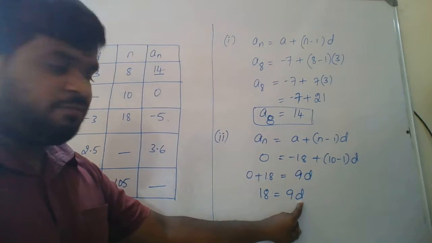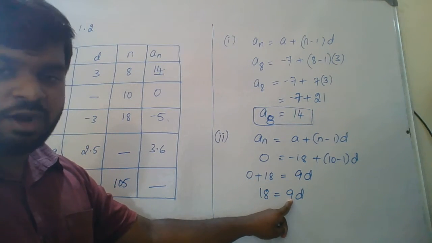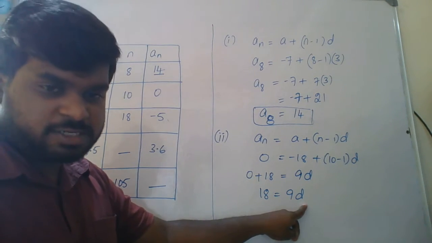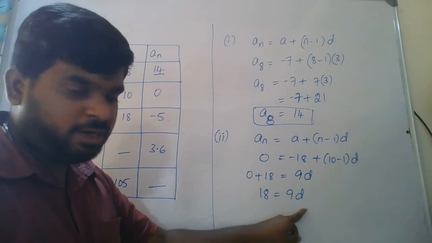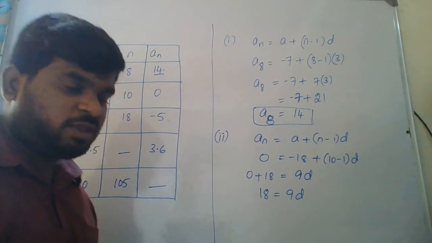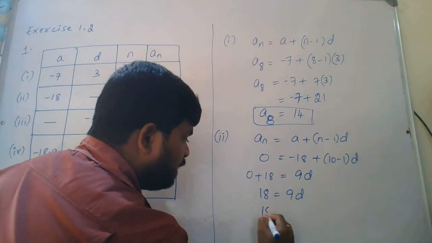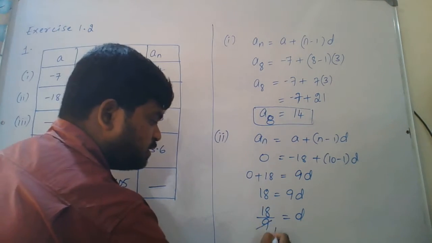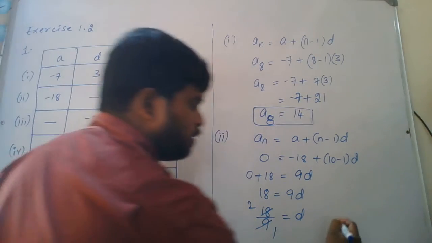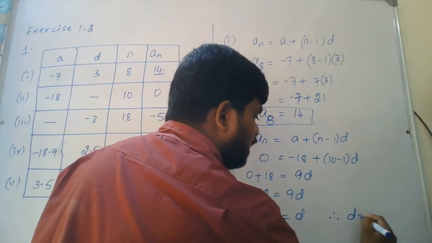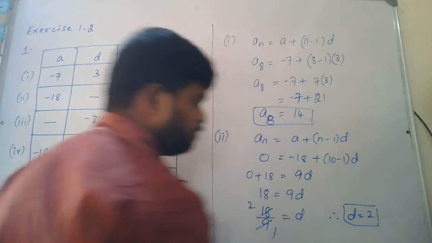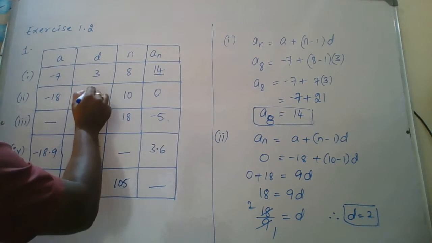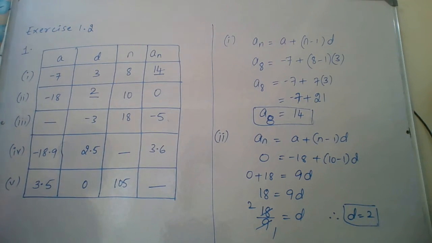So we just need the value of D. I'm going to transpose this 9. 9 and D are multiplied. So if I transpose this 9 to the other side, it becomes 18 by 9 equals D. 9 ones are 9, 9 twos are 18. Therefore, the value of D is 2. So let's fill it here. The value of D is 2.